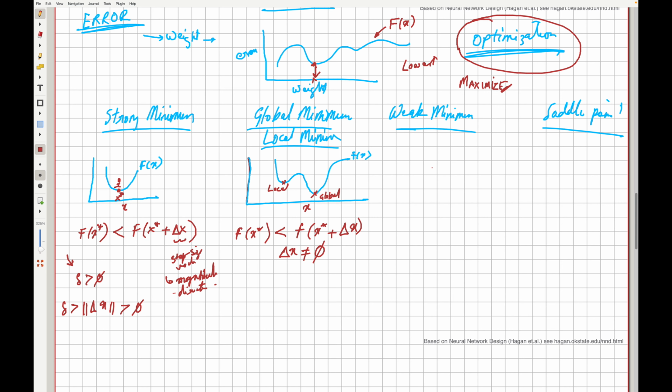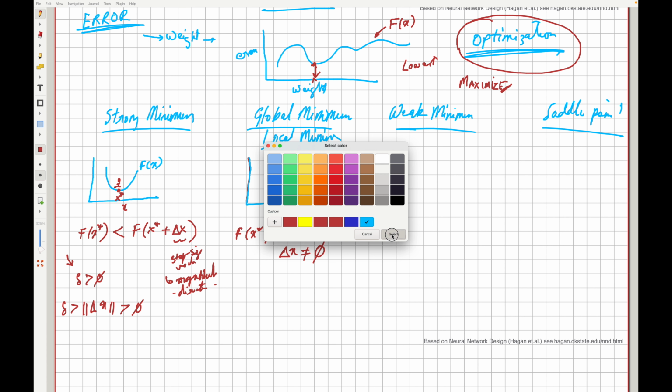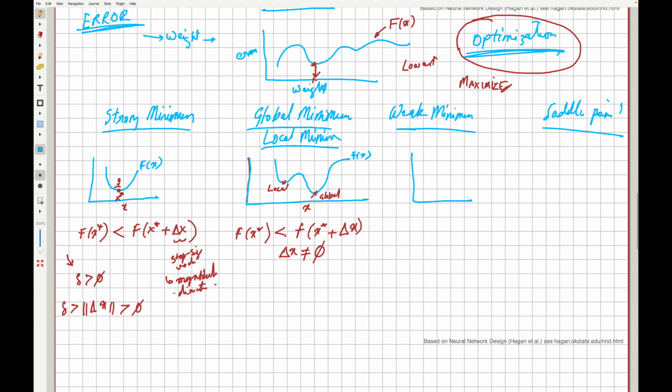Weak minimum is something different, where we say that I'm at a point where there is no way I can go further down on f of x, but I could go up. So imagine I have a point something like this.